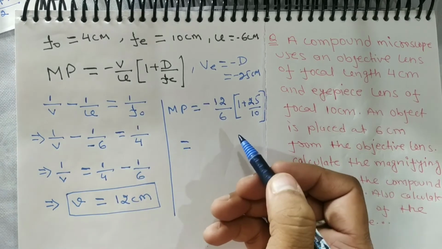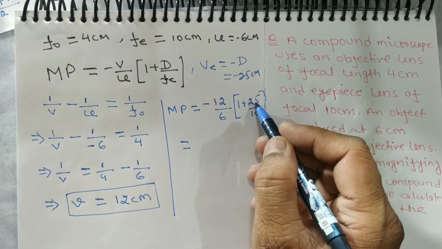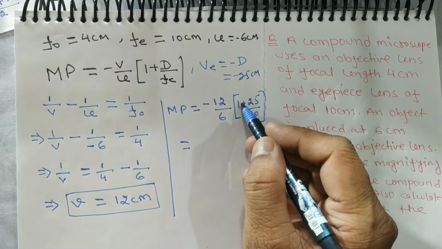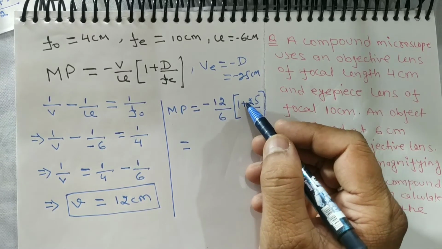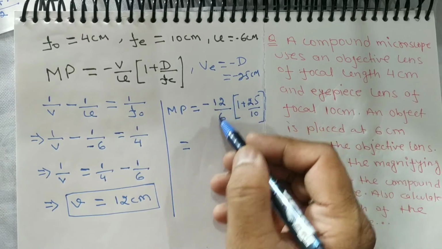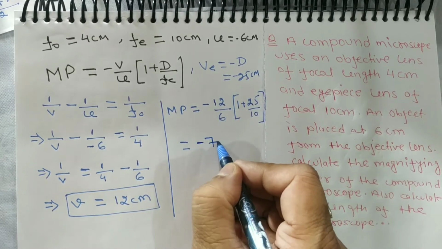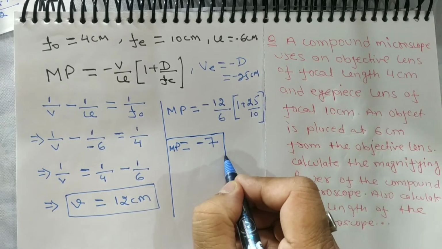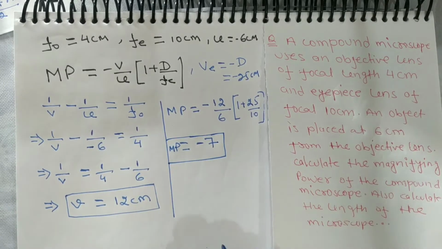So we will get 2.5 plus 1, that is 3.5 into 2, it will be minus 7. So the magnifying power of this question is minus 7.